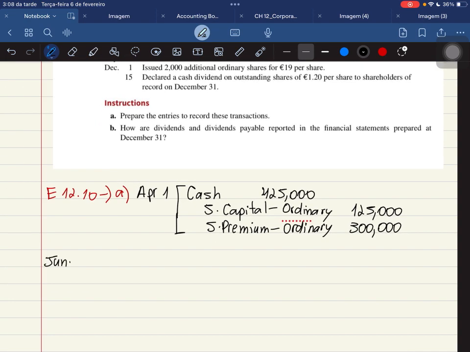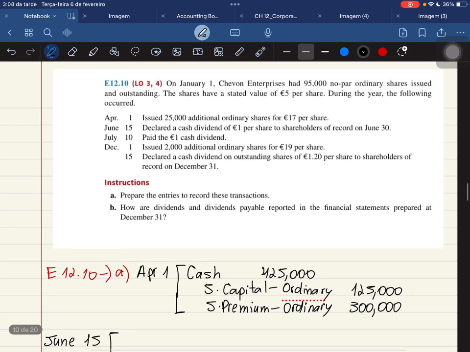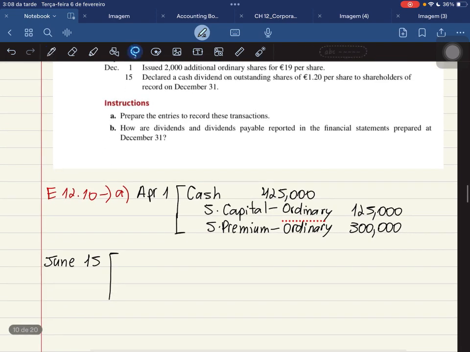The next one happened on June 15. Declared a cash dividend of €1 per share to shareholders of record on June 30. So every time you see this keyword over here, declare a cash dividend, that means that you have to calculate the number of shares outstanding.